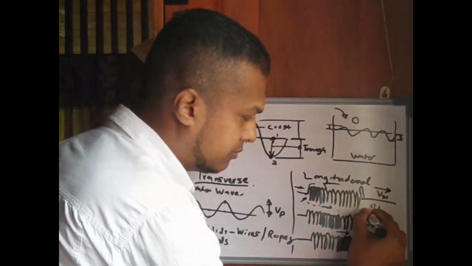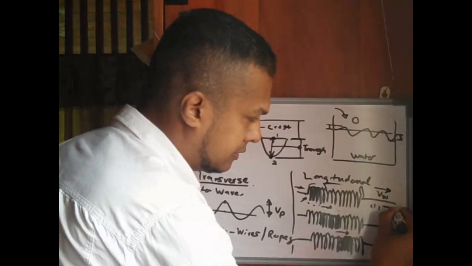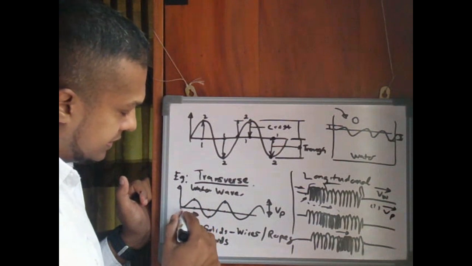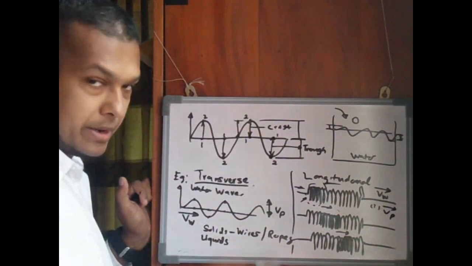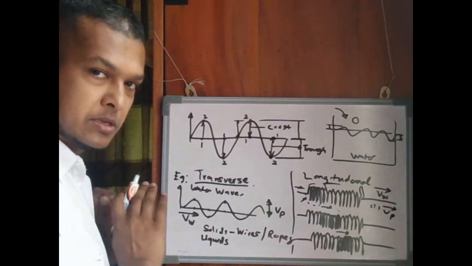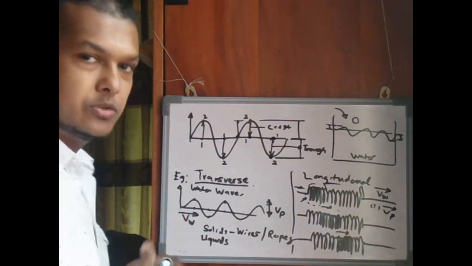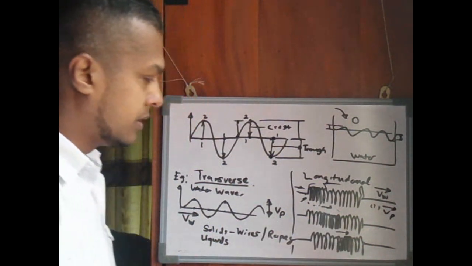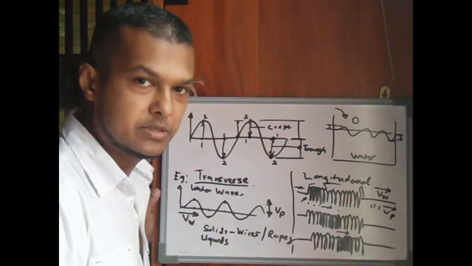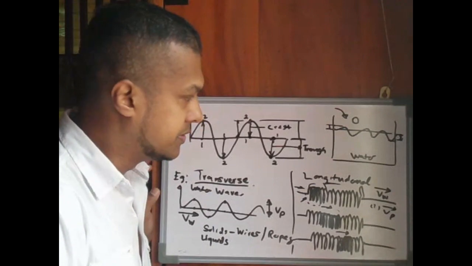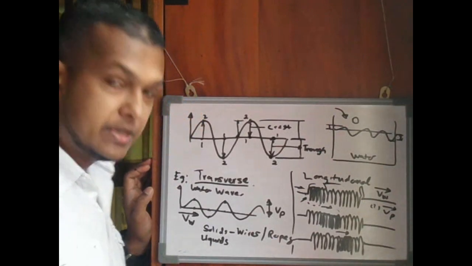But in the transverse case, the motion of the particle is up and down, while the wave moves going forward. So that's the main difference between longitudinal and transverse waves.